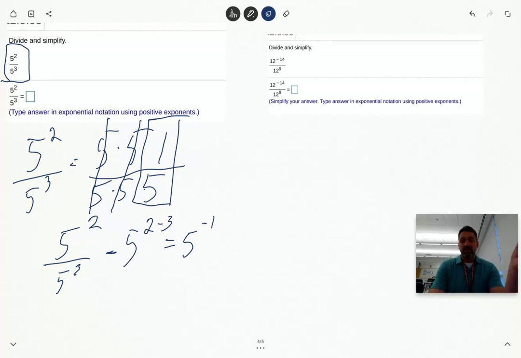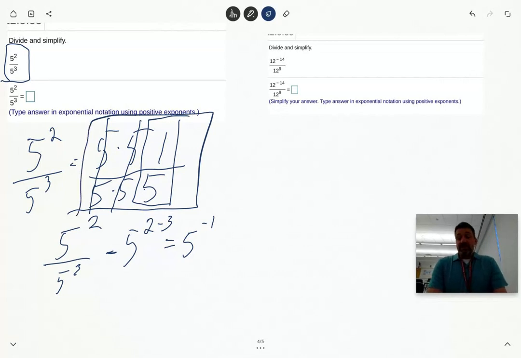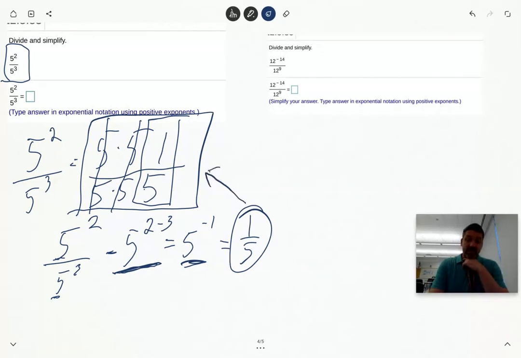So in other words, instead of writing an expanded form every time like this, just realize you can subtract your exponents, the top exponent minus the bottom exponent, assuming they have the same base. So they both have to be 5 in order for that to work. So we subtract the 2 minus the 3 here. That gives us 5 to the negative 1. 5 to the negative 1, we recall, is the same as 1 over 5, which was the same thing we got up here.